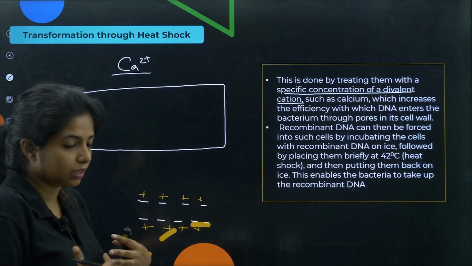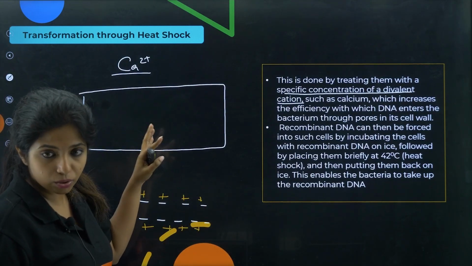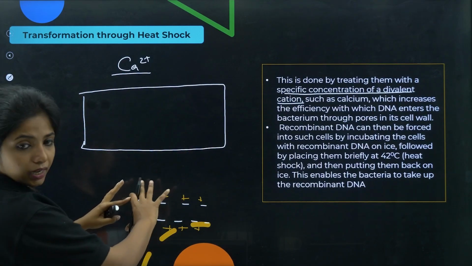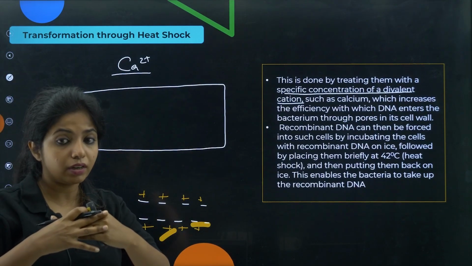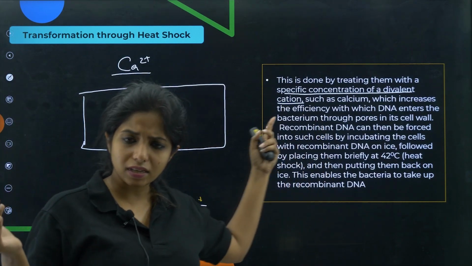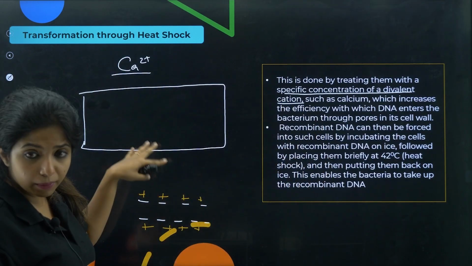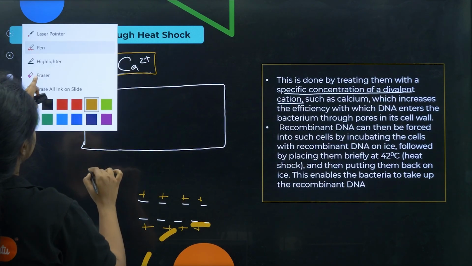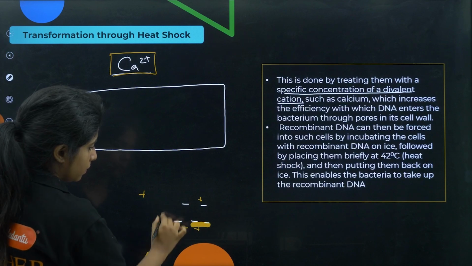Similarly, it will shield with the cations which are being given, such that when the negative and negative come together, they won't repel each other. So you are shielding the DNA as well as this particular host lipid membrane with the help of the divalent cations.